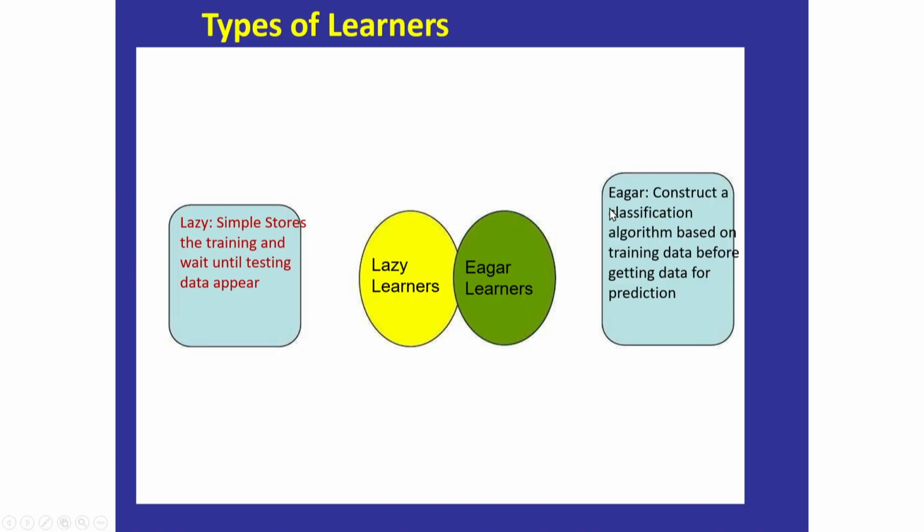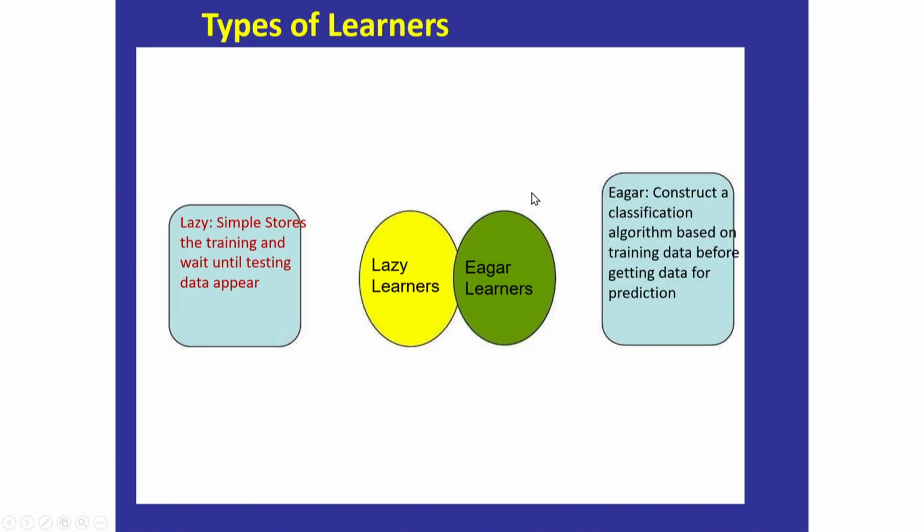What lazy learners do is store this training data and wait for the testing data to appear. This is lazy, it does not make any effort before being tested. It is like I learn, but I wait to take the exam. That is what the lazy learners do.